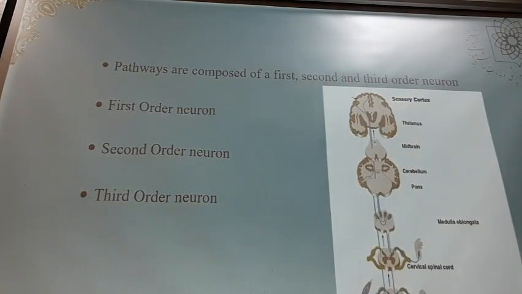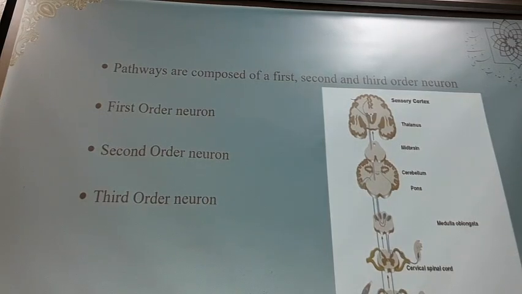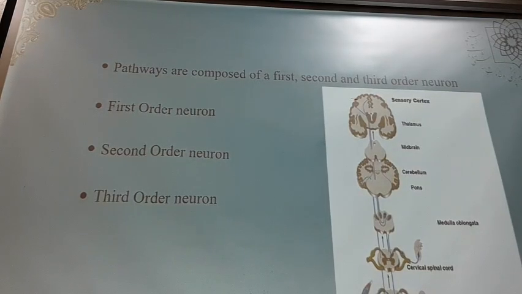When we want to check the spinal pathway or some somatosensory pathways, we should keep in mind that in each of these sensory systems, we have three neurons in three orders. One neuron is named the first order neuron. This is the neuron that starts from the receptor and reaches the spinal cord. The cell body of this neuron is placed in the dorsal root ganglion.